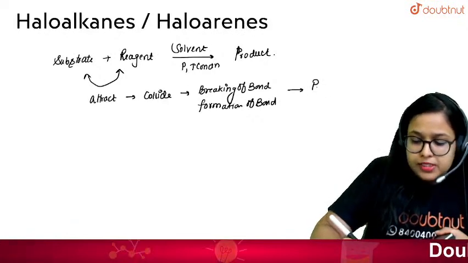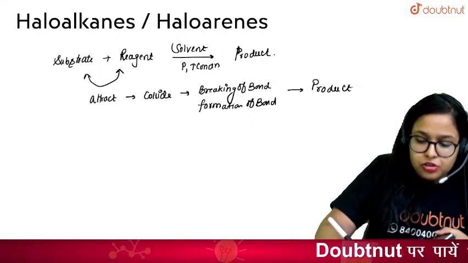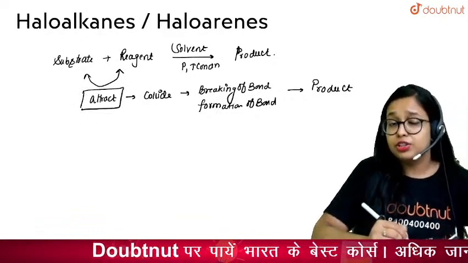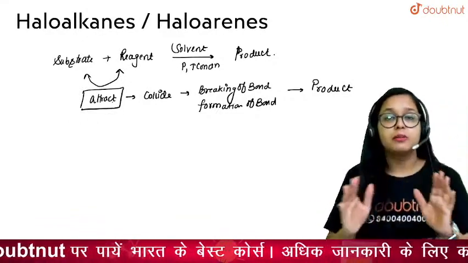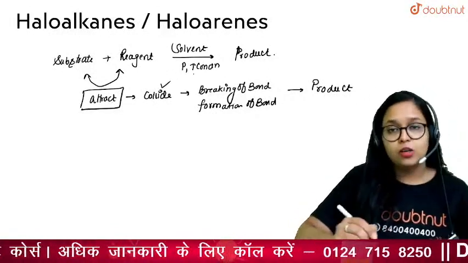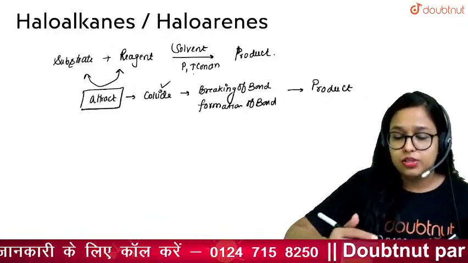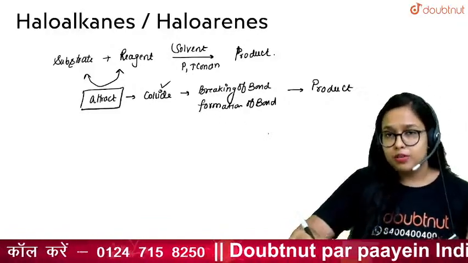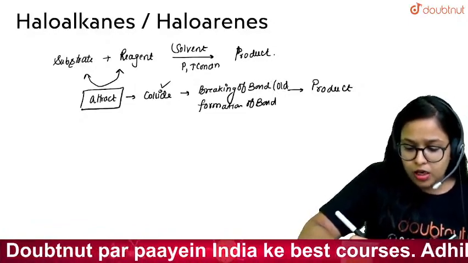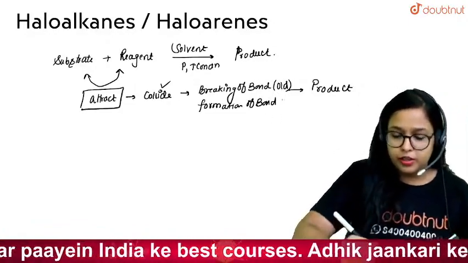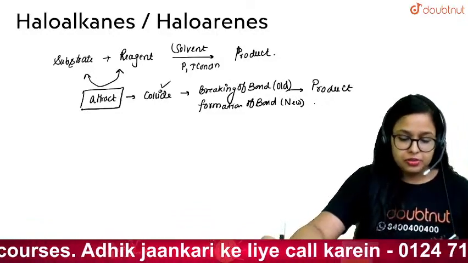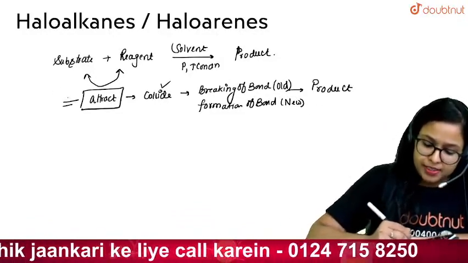The prime step for a chemical reaction to occur is attraction between substrate and reagent. If there is no attraction between substrate and reagent, no chemical reaction can occur. Generally an old bond is broken and new bonds are formed, and finally the product is released. So the prime step is attraction.